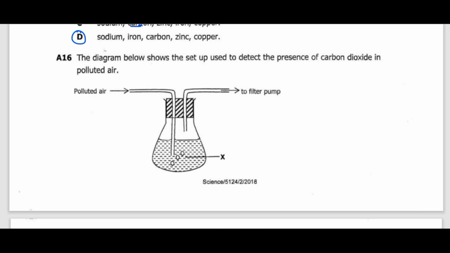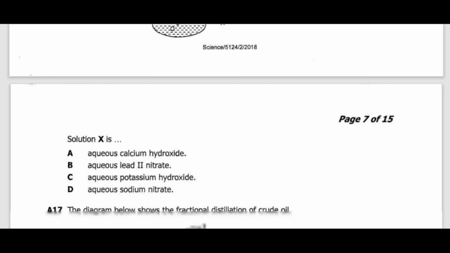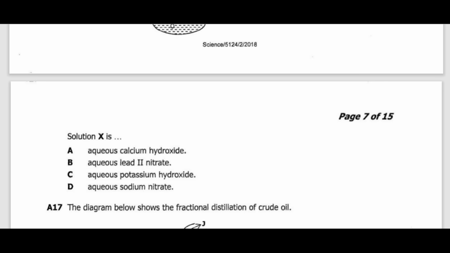Then for question 16, the diagram below shows the setup used to detect the presence of carbon dioxide in polluted air. So polluted air here, then to the filter pump, then we have X here. So what is our question? Solution X is: A, aqueous calcium hydroxide.